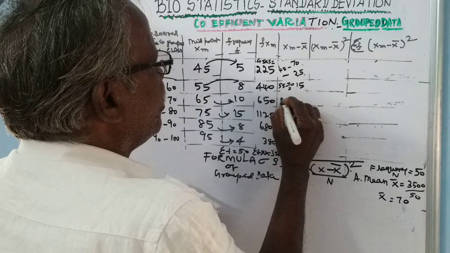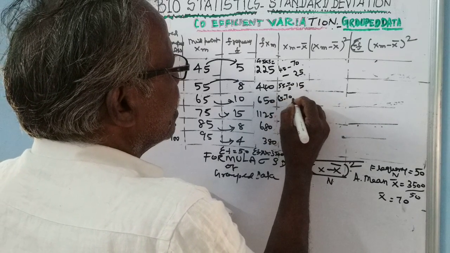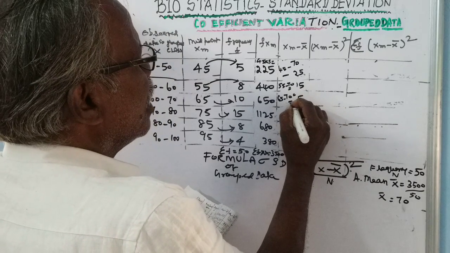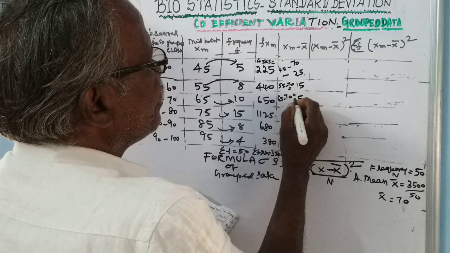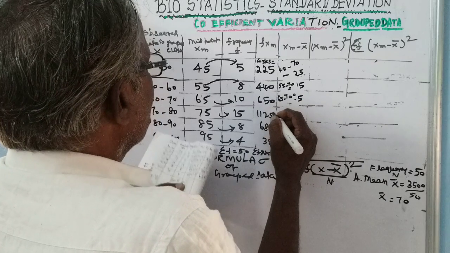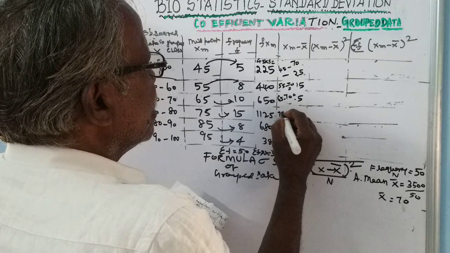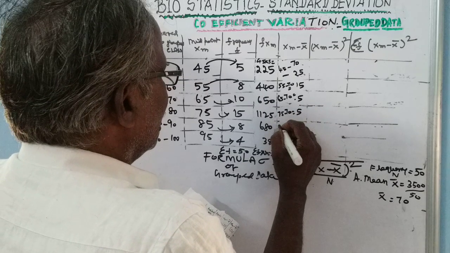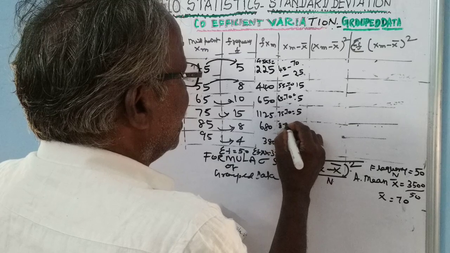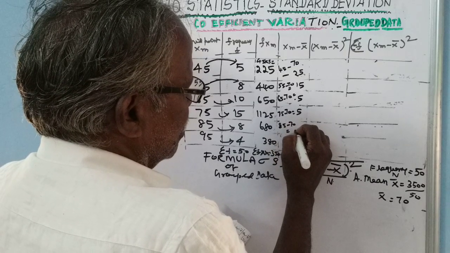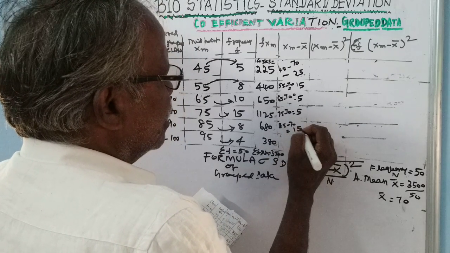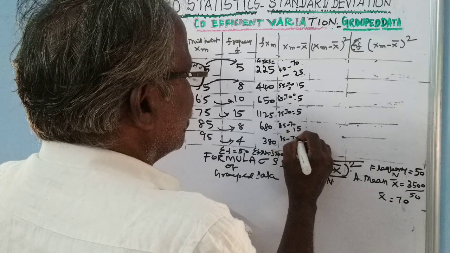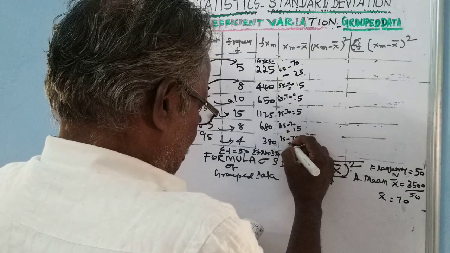Then 65 minus 70 is minus 5, and then 75 minus 70 is 5, then 85 minus 70 is 15, then 95 minus 70 is 25.